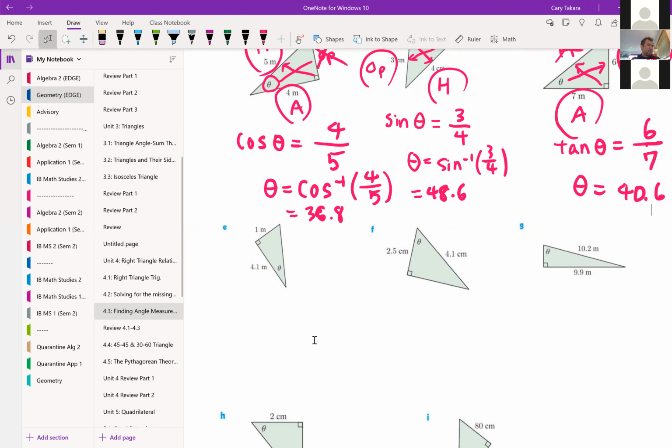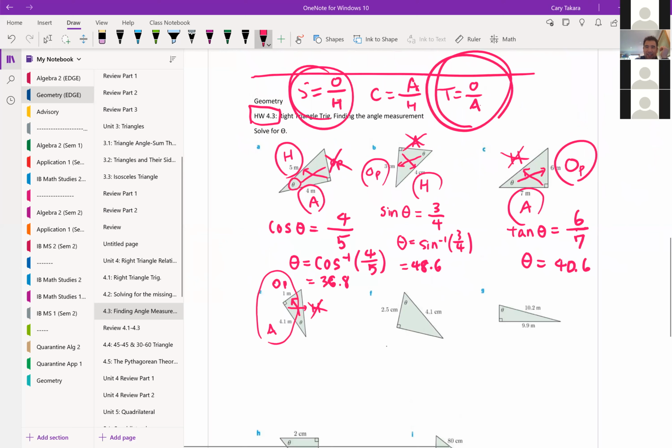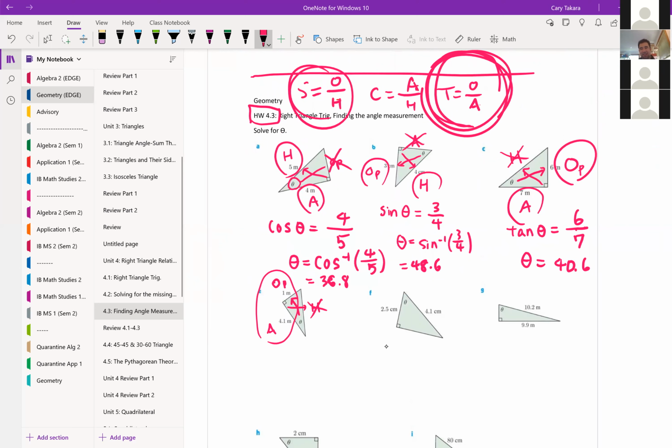What do you think, Elizabeth? Tangent. That will be a tangent problem. Excellent. Okay, nice job. So let's set it up. Opposite. Hypotenuse. There's nothing on a hypotenuse. And adjacent. So opposite, hypotenuse, adjacent combination again is a tangent, isn't it? So this is tangent two times in a row.